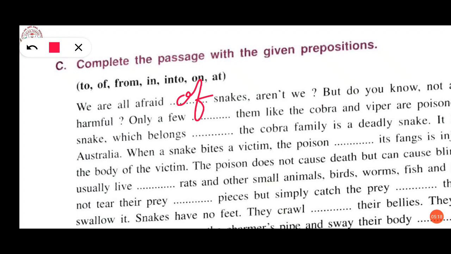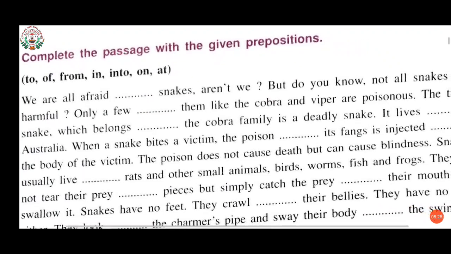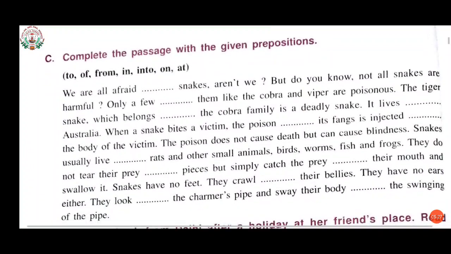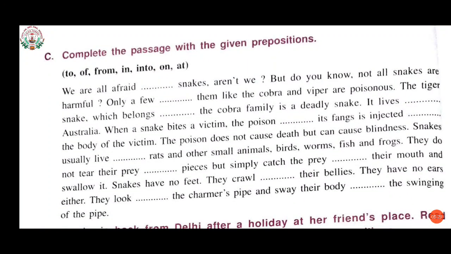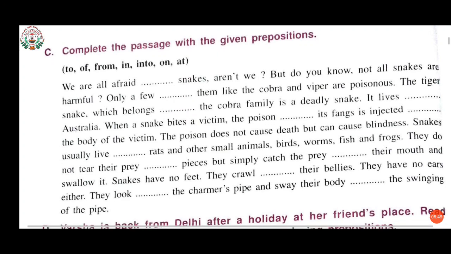Because this is the correct preposition. Of snakes, aren't we? But do you know, not all snakes are harmful. Only a few of them, like the cobra and the viper, are poisonous. The tiger snake, which belongs to the cobra family, is a deadly snake. So likewise students, you have to complete it by using all the prepositions.